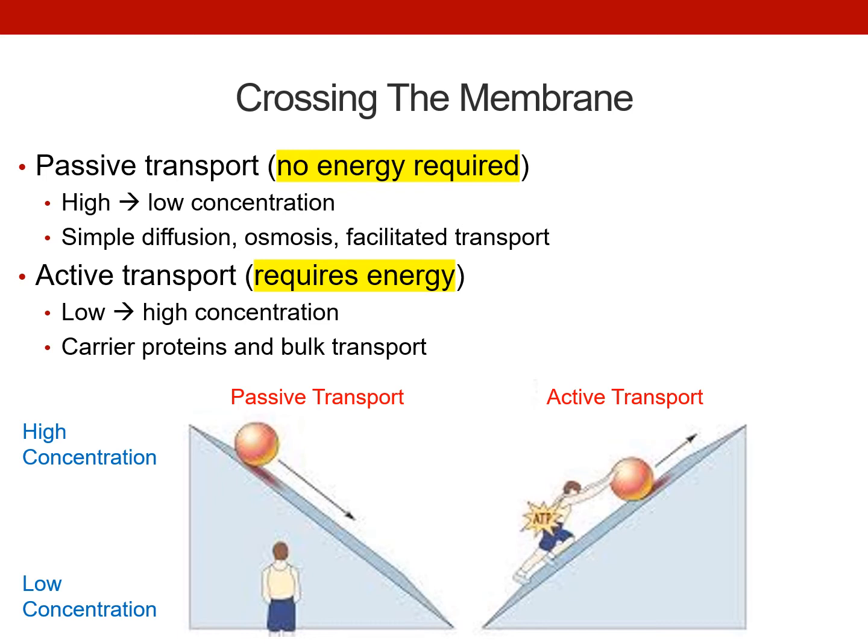This is represented in the figure below, where the ball is moving from a high area to a lower area. And you can relate this to moving from an area of high concentration to lower concentration. As the ball rolls down the hill, it does not require any energy.